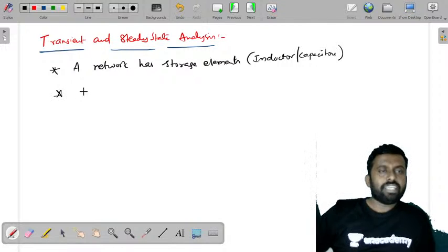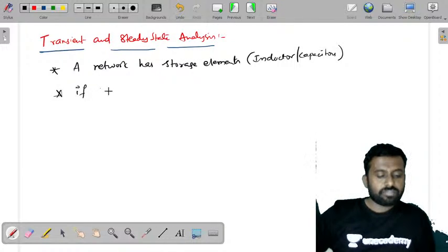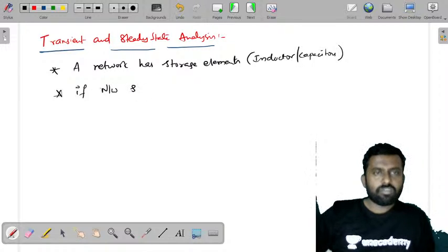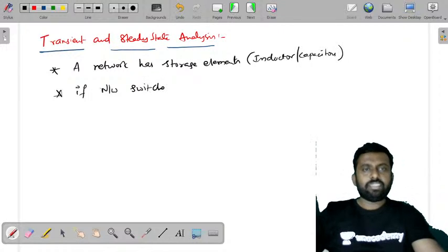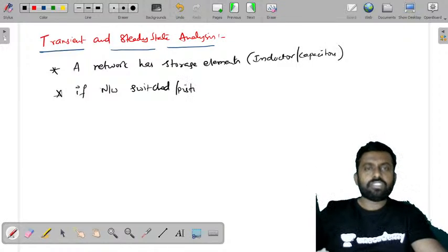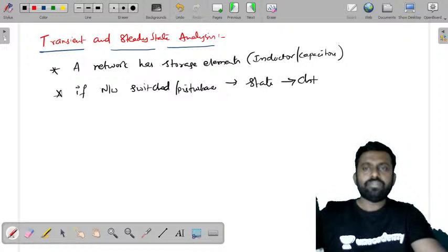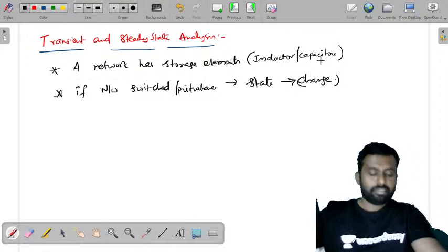Now if that is the case, and if this network is switched, or if there is any disturbance caused to this system, then it will change its state from one condition to the other.